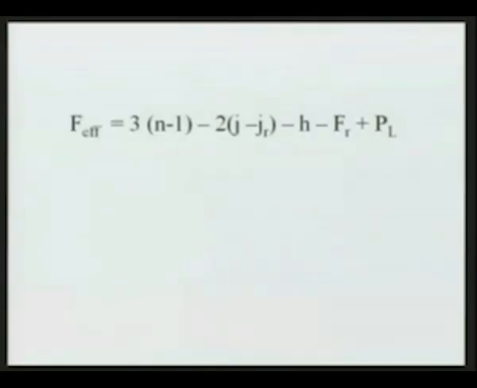In view of this single degree of freedom closed loop, which is possible by 3 prismatic pairs connecting 3 links, let us modify the formula for calculating the effective degrees of freedom. I would like to say F effective is equal to 3 times (N minus 1) minus 2 times (J minus JR) minus H minus FR plus PL, where PL is the number of 3-link closed loops having 3 prismatic pairs in different directions.